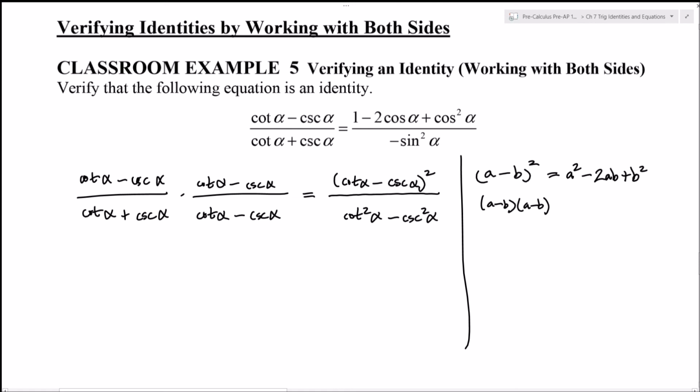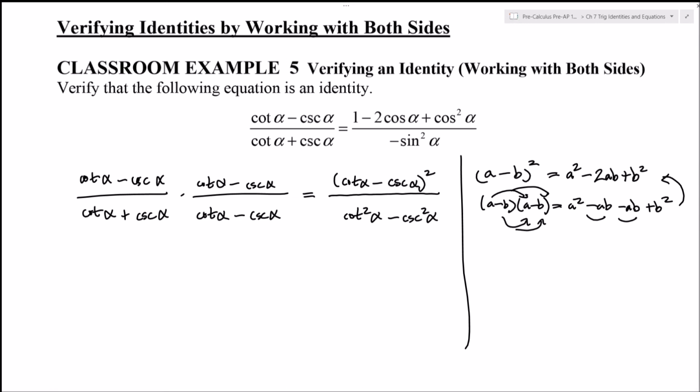You distribute: a times a is a squared, a times negative b is negative ab, negative b times a is negative ba, or you can rewrite it as negative ab, which matches with this one. And then the very last, negative b times negative b is a positive b squared. So we're almost done. Those 2 negative ab terms combine to exactly what we have on the top: a squared minus 2ab plus b squared. So that's where that comes from.